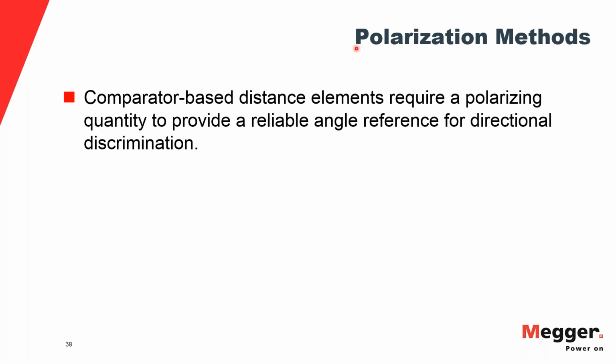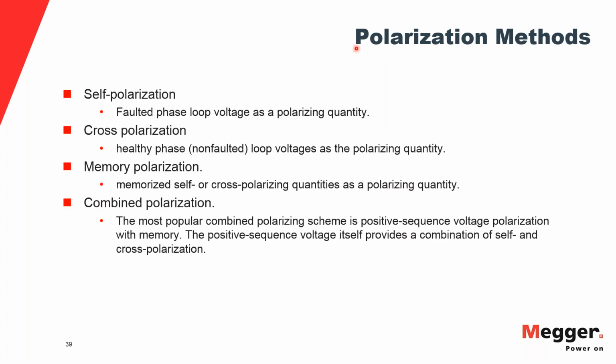Now, the most popular types of polarization out there are, the first one called self-polarization, which uses essentially the same voltage that you have on the faulted phase or the faulted loop.